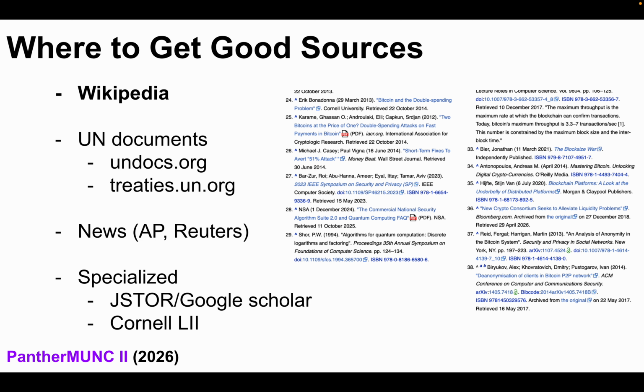Look at the news, specifically try to focus on unbiased news sources, like the Associated Press or Reuters. Yeah, Reuters. Try to focus on the international sphere from a global perspective rather than heavily biased towards one specific political ideology. And then your specialized sources, JSTOR and Google Scholar have those research papers.